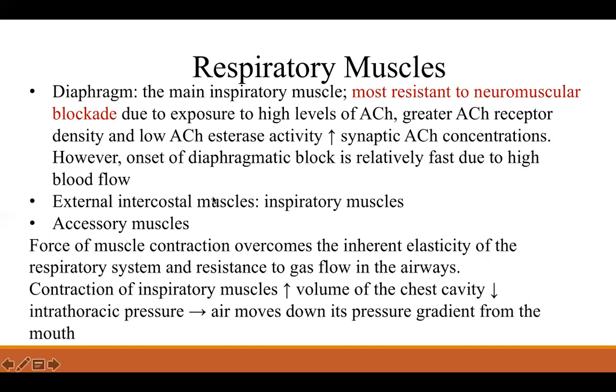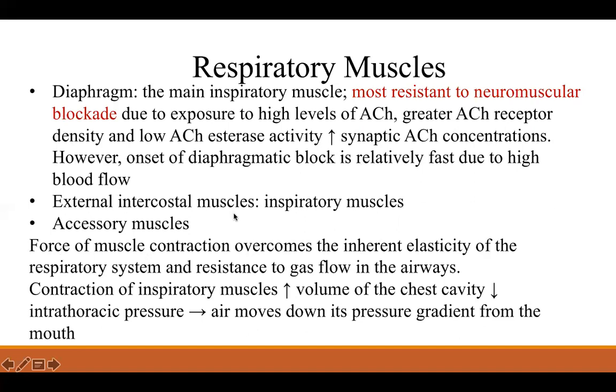All right, so now let's also talk about the speed. Once you are able to make the diaphragm respond to neuromuscular blockade, it's rather quick. That's because of a rich blood supply to this muscle. Now, yet another set of inspiratory muscles are external intercostal muscles.